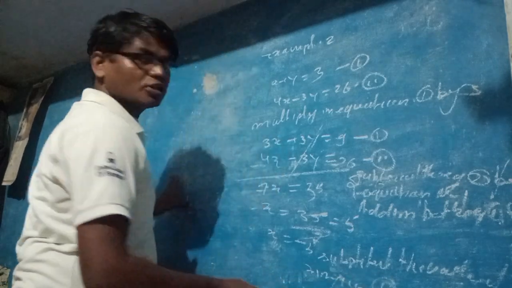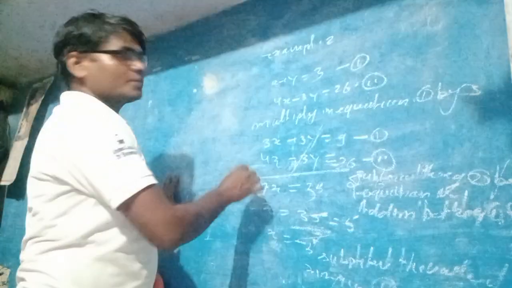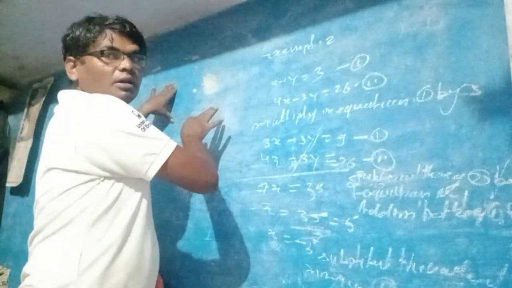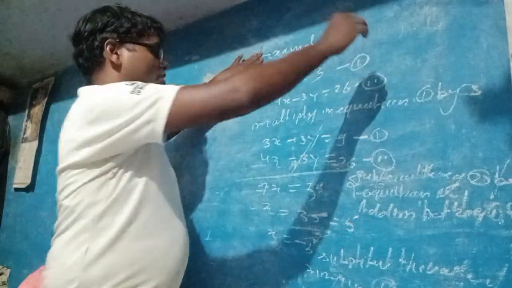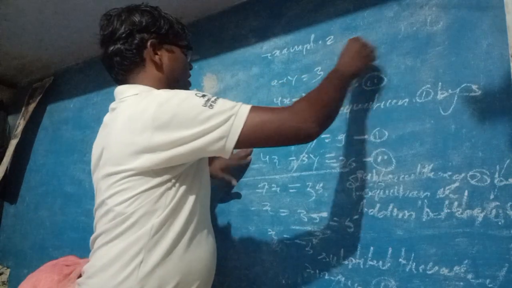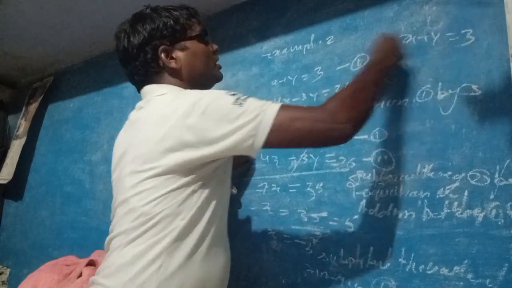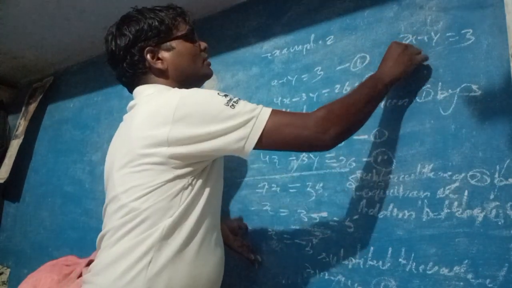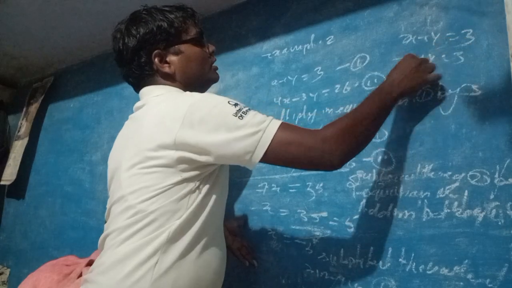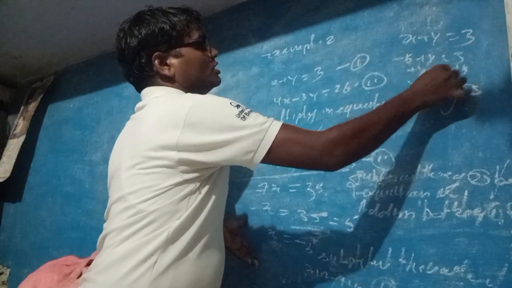Suppose we take equation number 1, which is x plus y is equal to 3. So the value of x is given here, 5 plus y is equal to 3. So y is equal to 3 minus 5, then y is equal to minus 2.